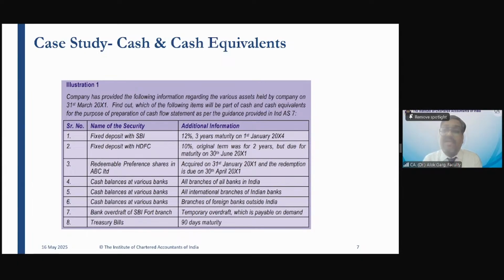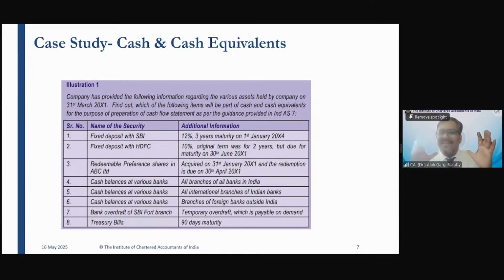Question number 1, can cash and cash equivalent be negative in the balance sheet? Question number 2, can cash and cash equivalent be negative in the cash flow statement? Now answer my question. Cash and cash equivalent cannot be negative in the balance sheet, but it can be negative in cash flows. You are absolutely right.